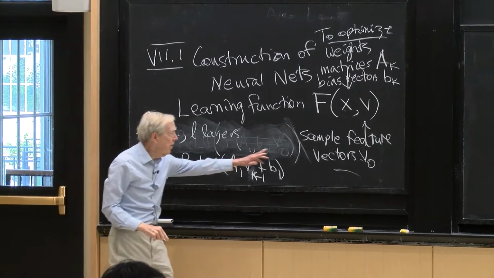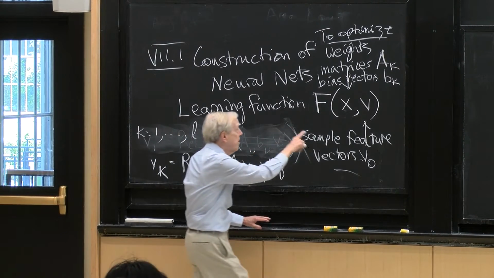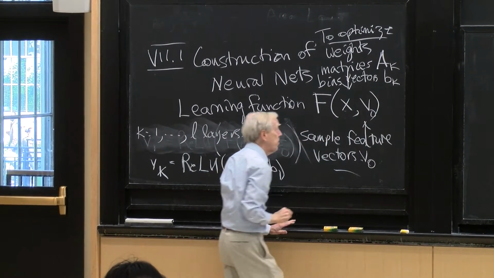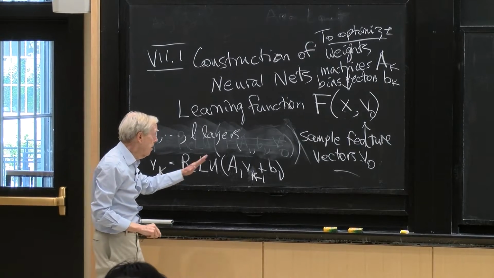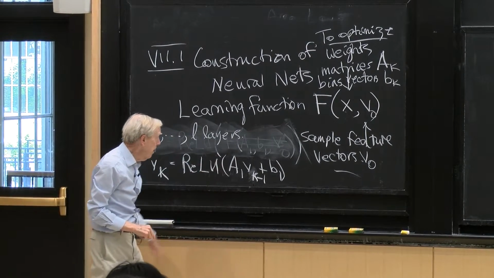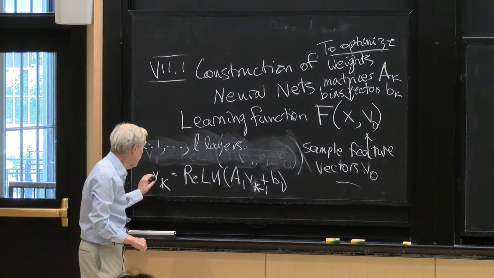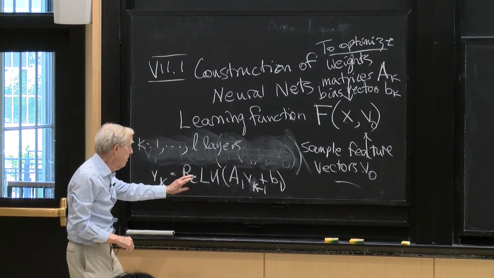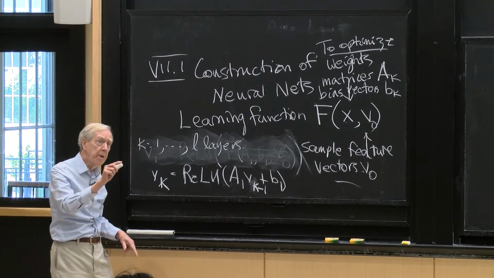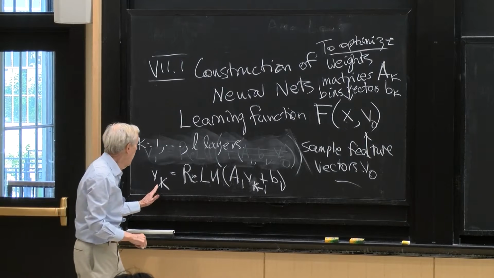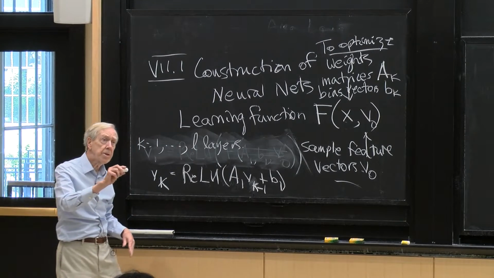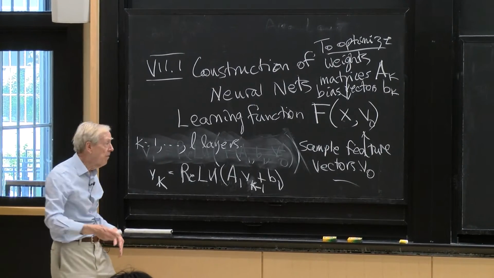So the input was V0, so this V is really V0, you could say. And this is the neural net, and this is the input and output from each layer. And then VL is the final output from the final layer.